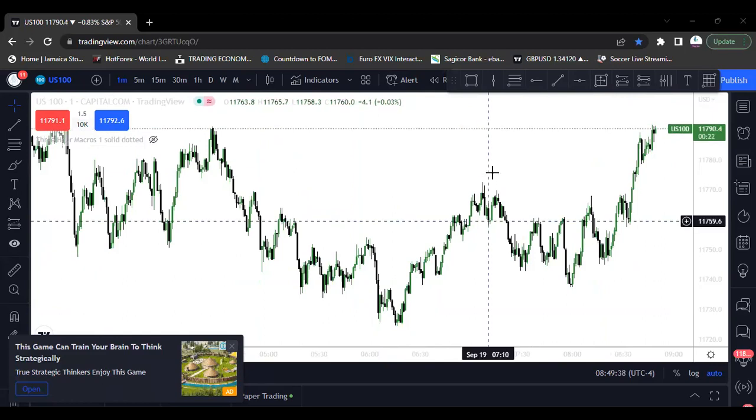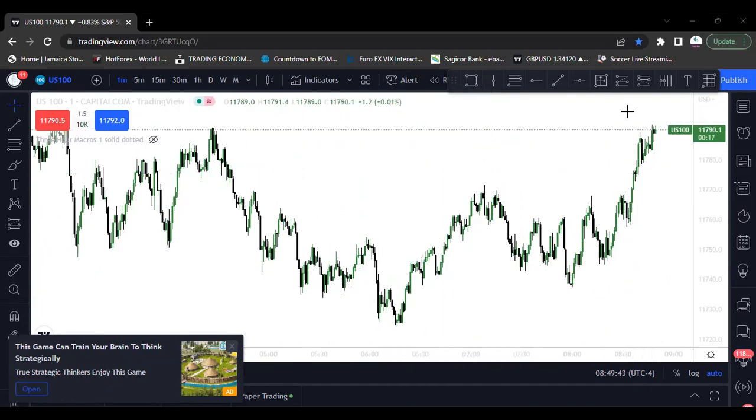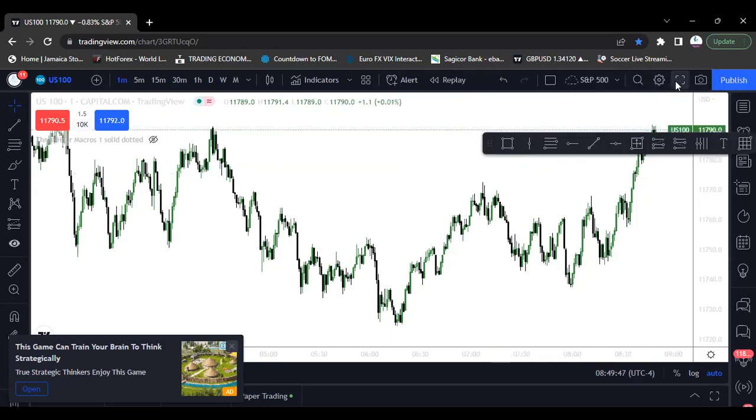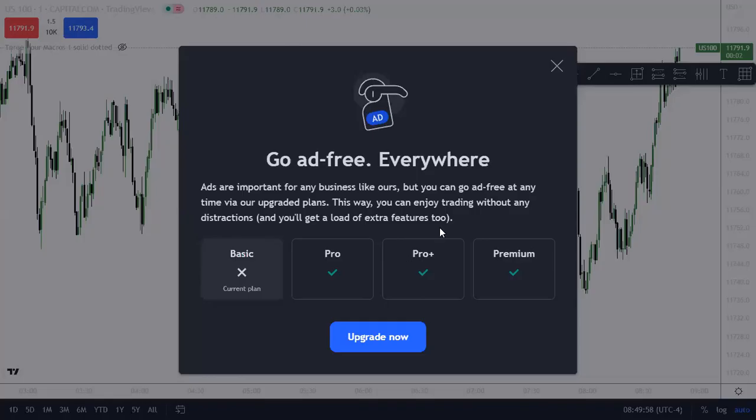Just exited NAS longs, and let's go full screen, show you the model. If we see anything else, we will play. Close ads. Oh, there we go.